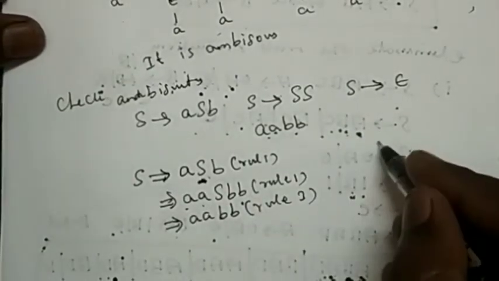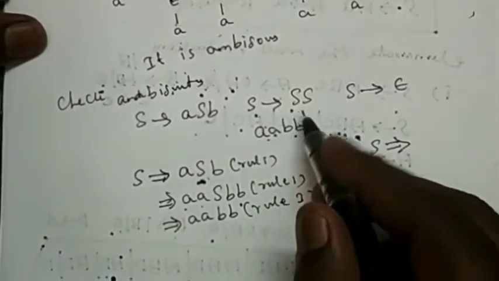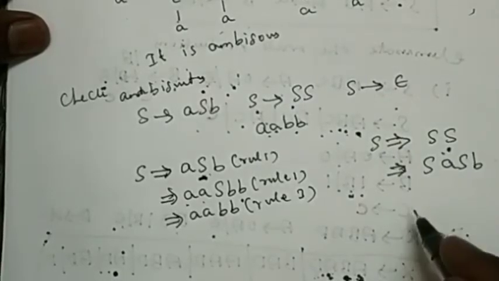And another form of derivation is S tends to, I replace S by the second rule, SS. Now I take the second S here, and this S is replaced by A S B. Once again I take this S and replace it by rule number 1, so S AA S BB.